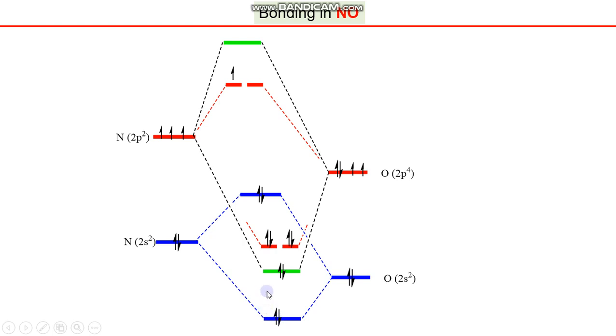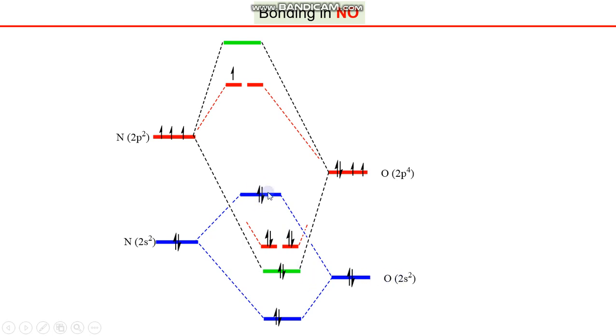Bonding molecular orbitals are polarized on the highly electronegative species, or they are closer to the highly electronegative species, and anti-bonding molecular orbitals are polarized toward the species which possesses less electronegativity. So anti-bonding molecular orbitals are polarized at nitrogen, and bonding molecular orbitals are polarized at oxygen.